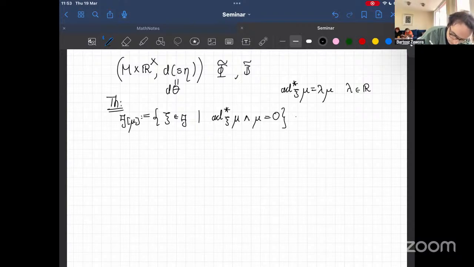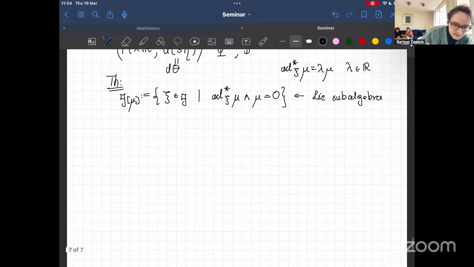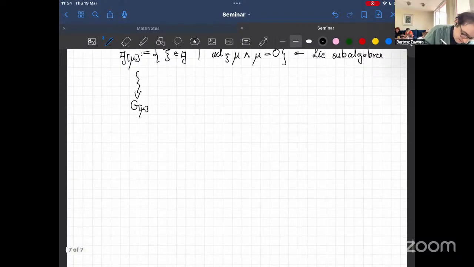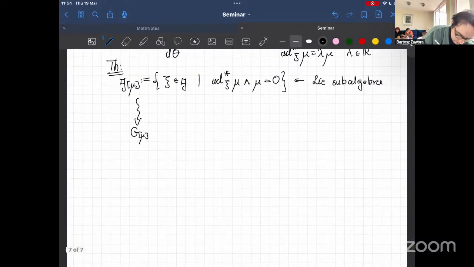Then one can prove that this is a Lie subalgebra. And it has a Lie subgroup, G mu with brackets. So if we have a Lie group G mu, this is a Lie subgroup.